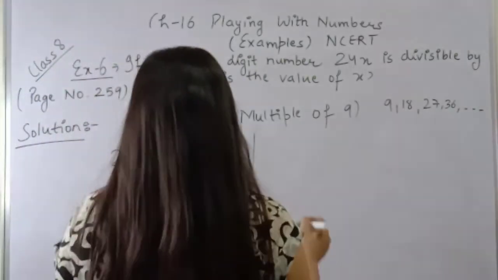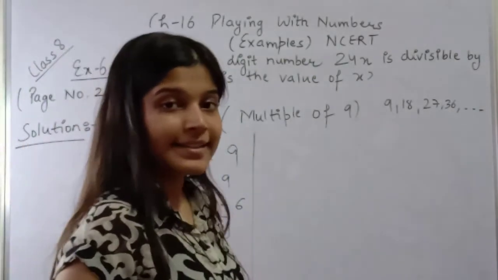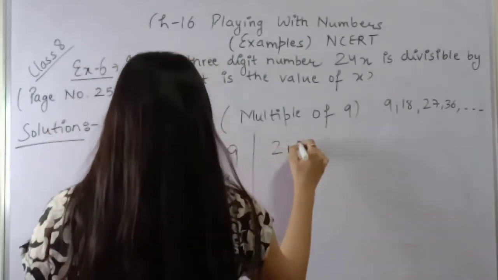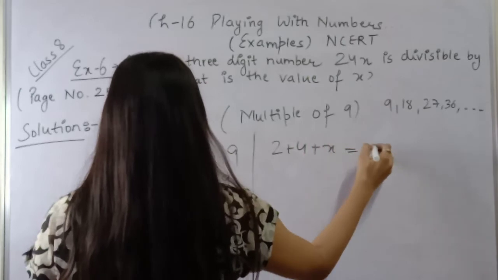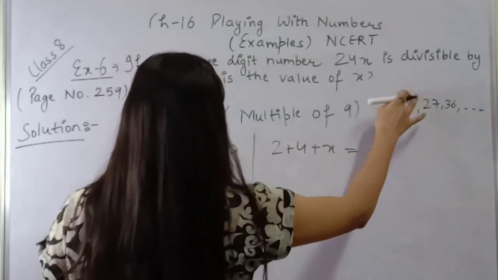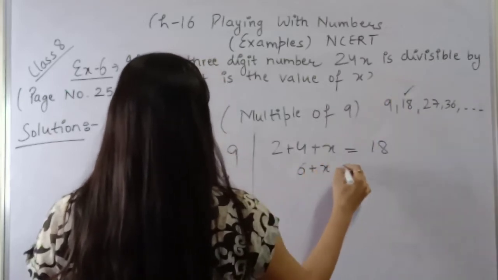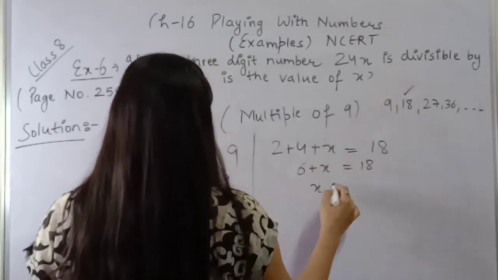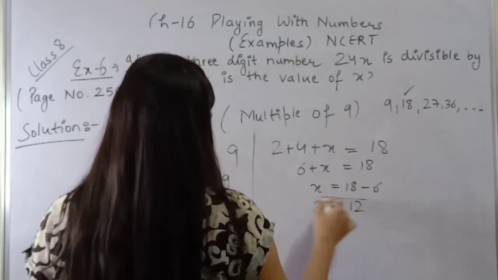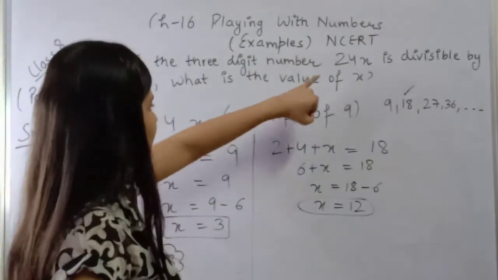Coming to next number. Maybe ऐसा हो कि एक और नंबर हो जो 9 से डिवाइड हो सकता हो. सो लेट्स कम 4 plus 2 plus x equals to 18 करते हैं. अब नेक्स्ट मल्टीपल इज 18, राइट. सो ये हो गया 6 plus x equals to 18, x equals to 18 minus 6, x equals to 12. बट अब यहाँ पे x आ गया 2 digit number and we want a single digit.